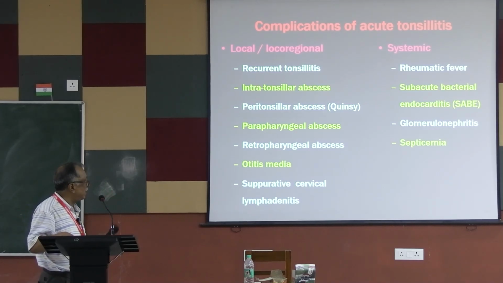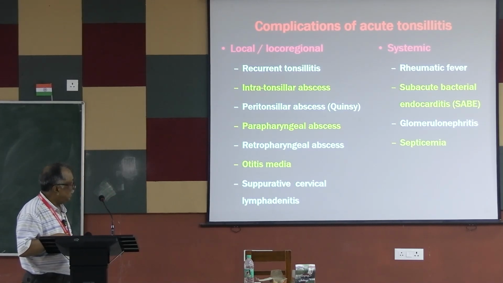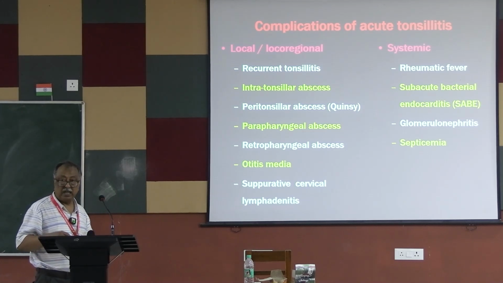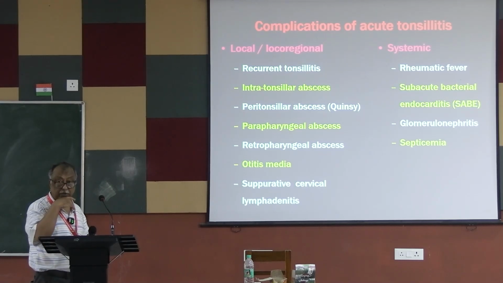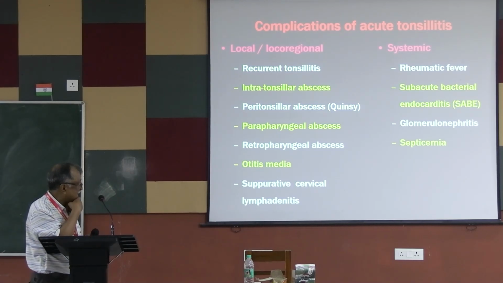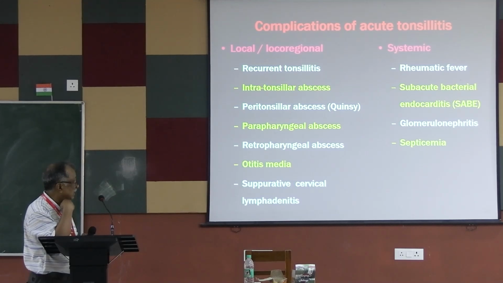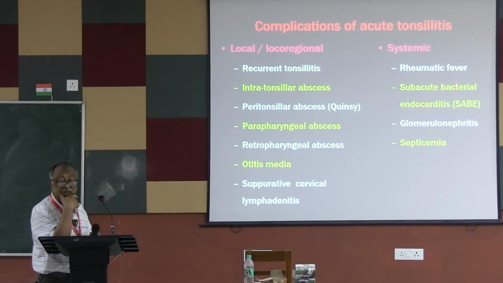But what is the systemic condition? In children, the commonest organism is group A beta hemolytic Streptococcus, and that causes rheumatic fever, endocarditis, glomerulonephritis, all these things, which is not common nowadays due to the excessive use of antibiotics.